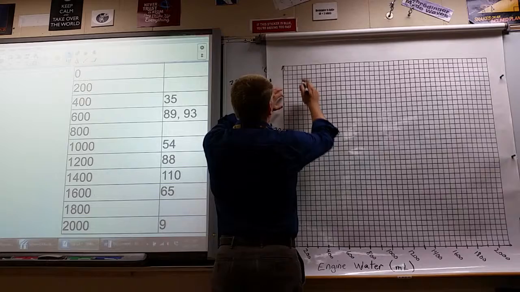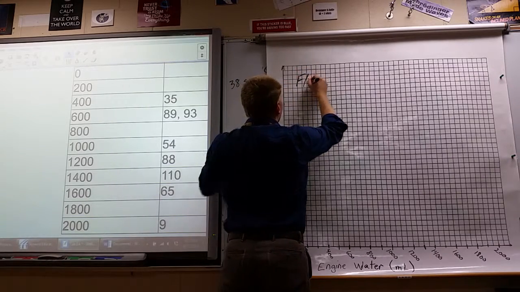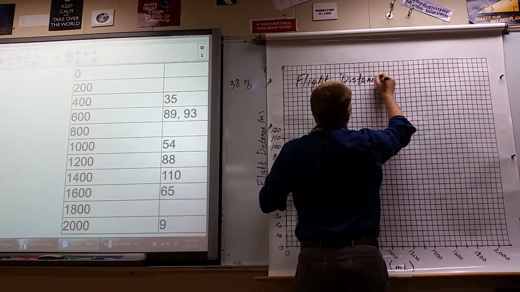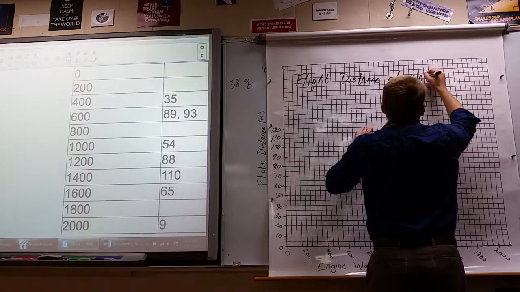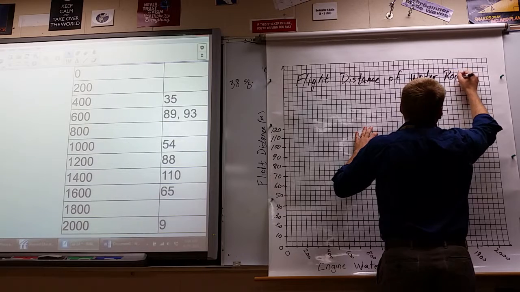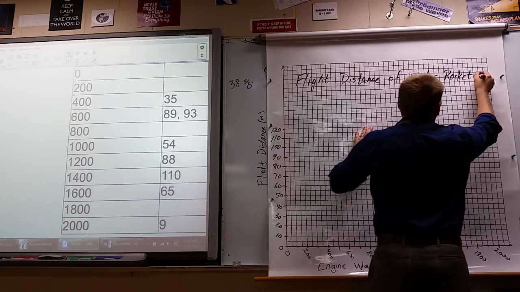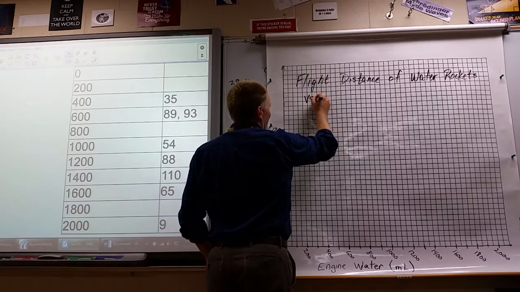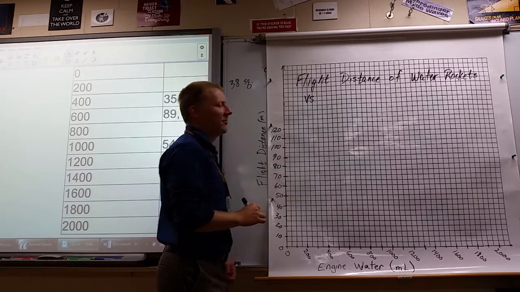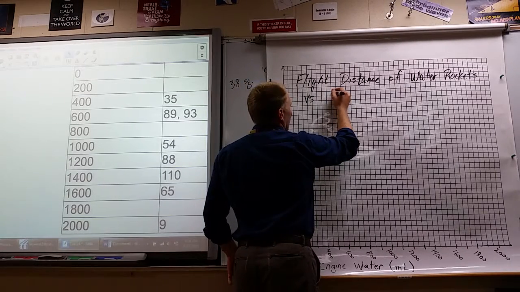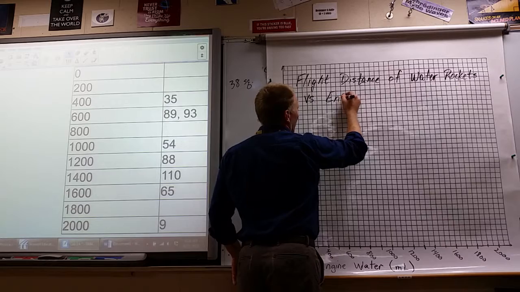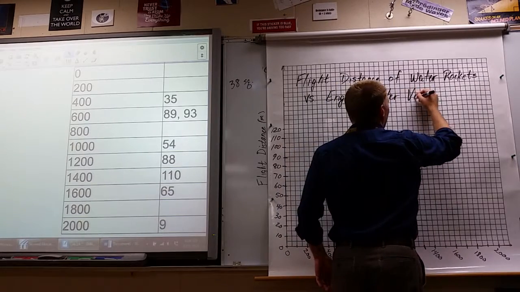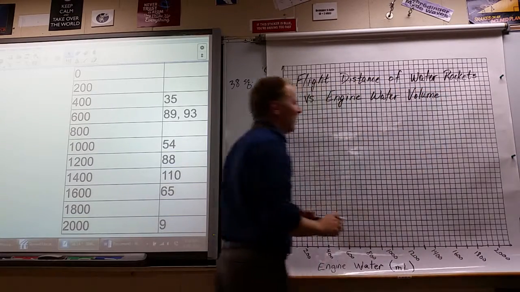So I'm going to say flight distance of water rocket, and then the word we use instead of compared to is very often versus, and we often also just write the abbreviation, either VS or V. Versus engine water volume, or engine water. Any of those are fine.